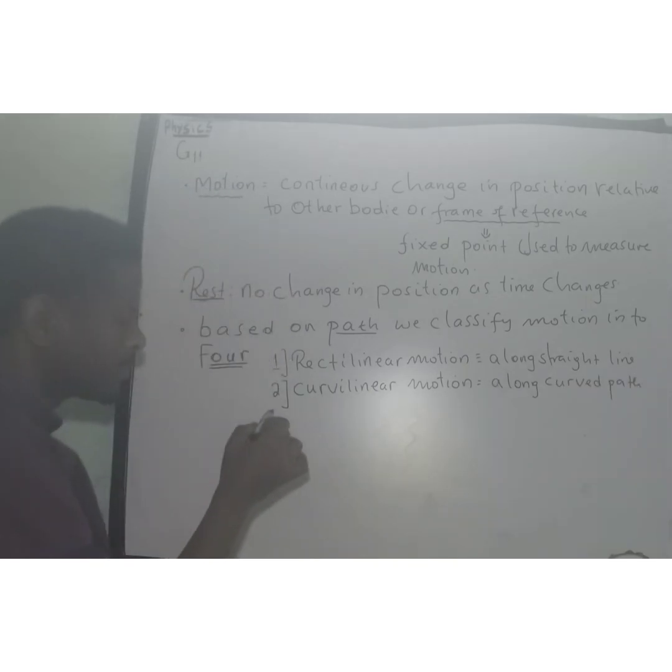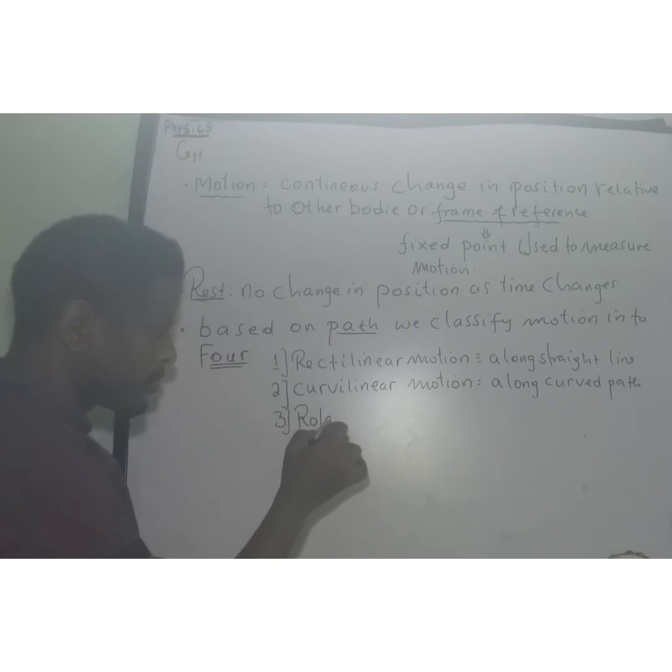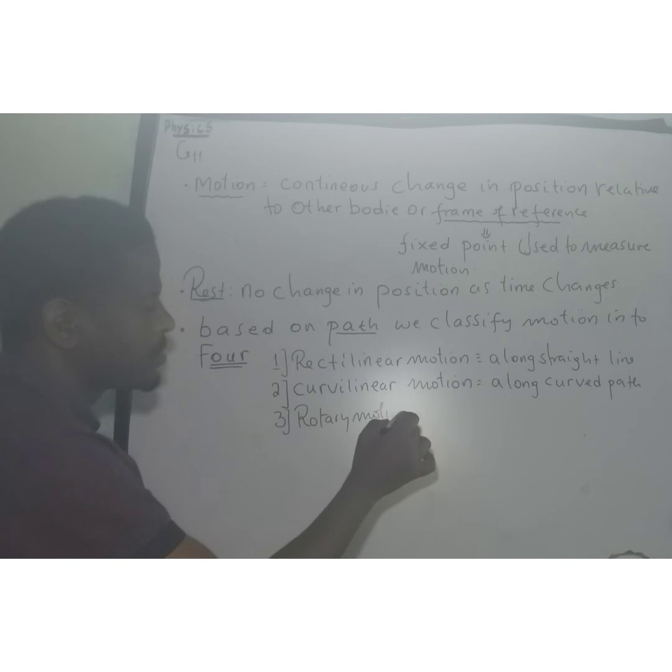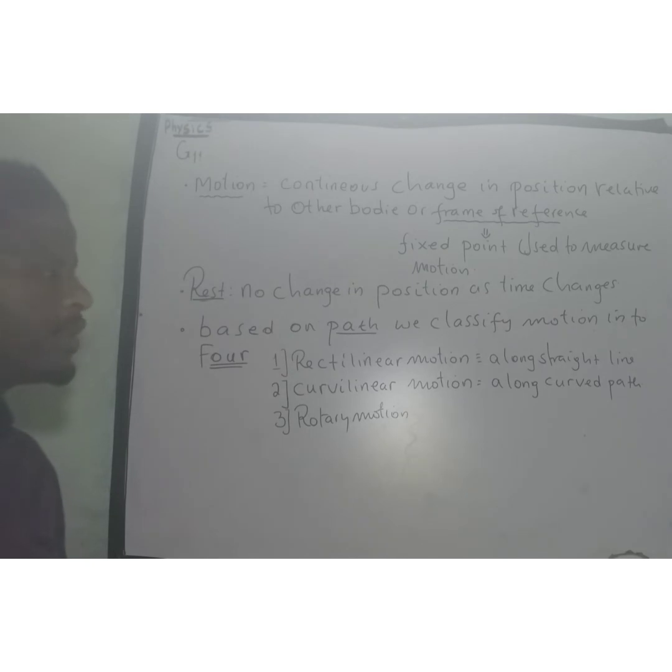Examples of curvilinear motion are a horizontally thrown ball and the revolution of the earth.